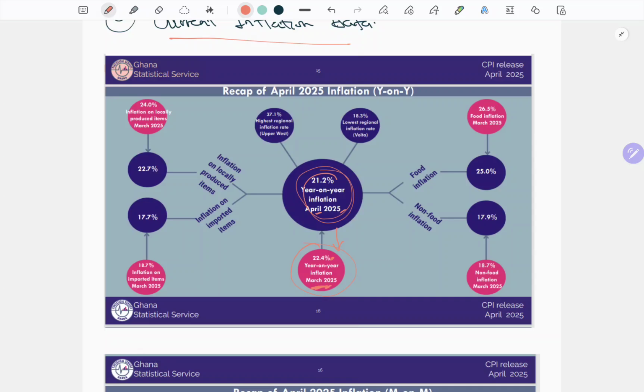Now let's move to our right, where we see inflation segregated into food and non-food, right? So out of the 21.2, food inflation rose by 25% compared to 26.5% the previous month. And again, for April, non-food inflation rose by 17.9% compared to 18.7% the previous month.